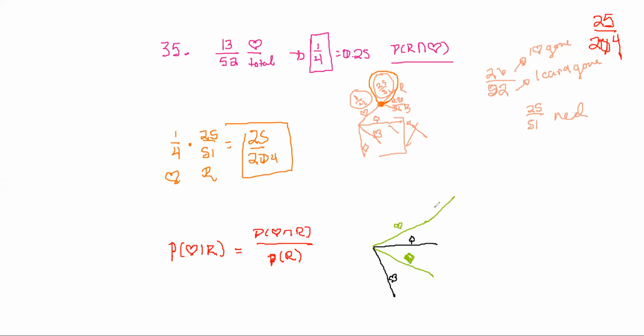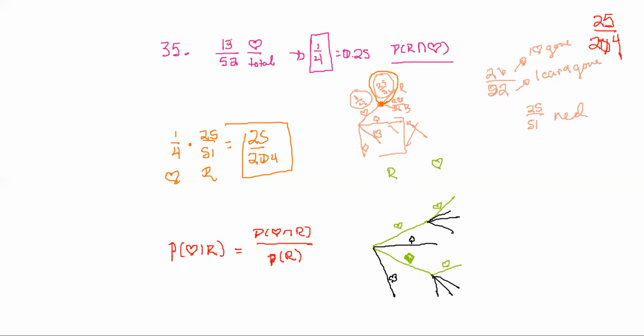Okay, so we break up into this again. So this is the heart, and this is all of the other things that we don't necessarily want. And then there's things we don't necessarily want, and then there's a heart. Because all we care about the second round is getting a heart, and all we care about this first round is getting a red card, aka a heart or a diamond.